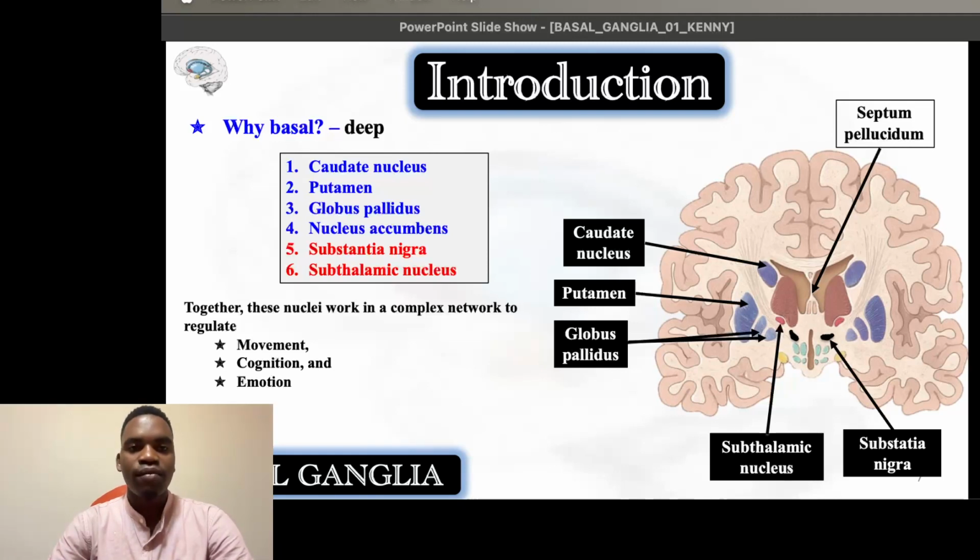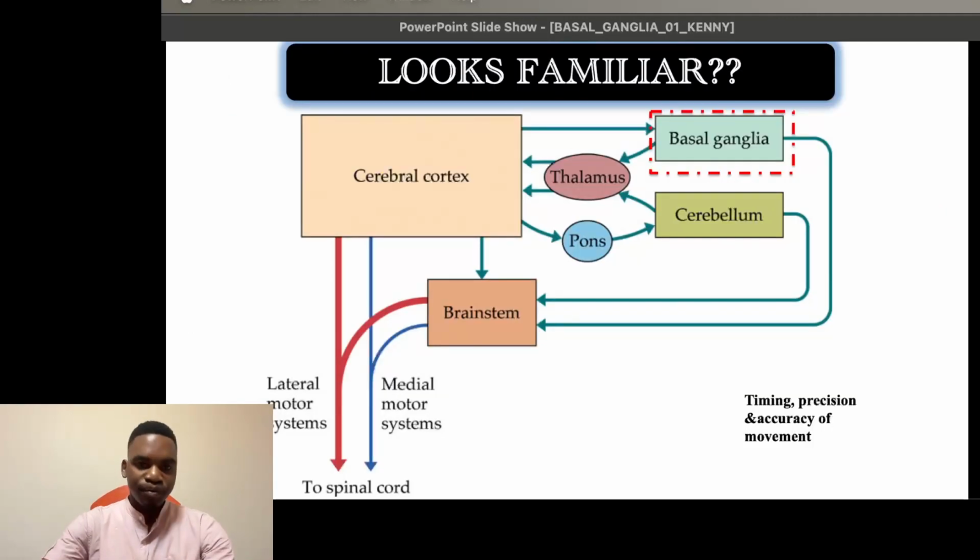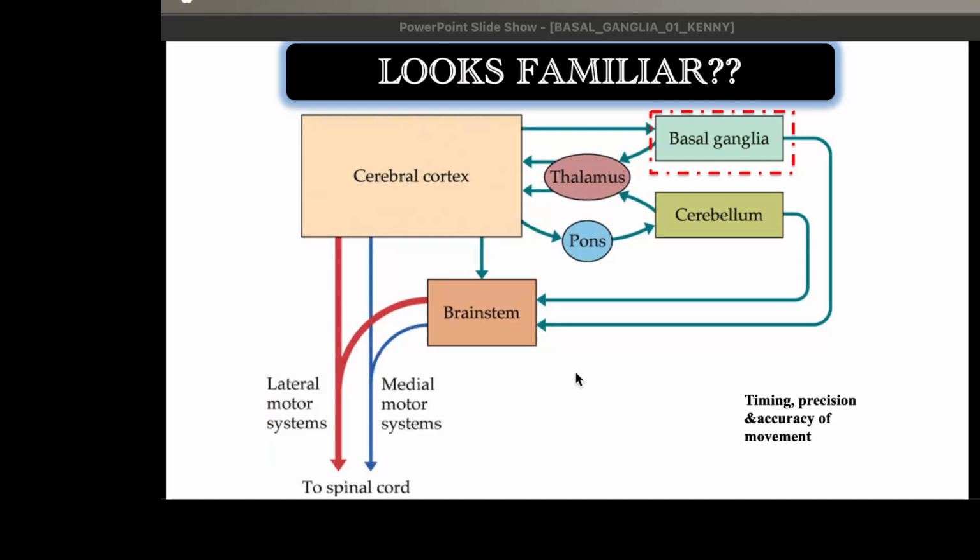So something looks familiar here. Remember, a couple of videos ago, we discussed the organization of the motor system, and what we said is the cerebral cortex will give a high order command, like, I want to make some kind of movement, and then this command will go to the basal ganglia.